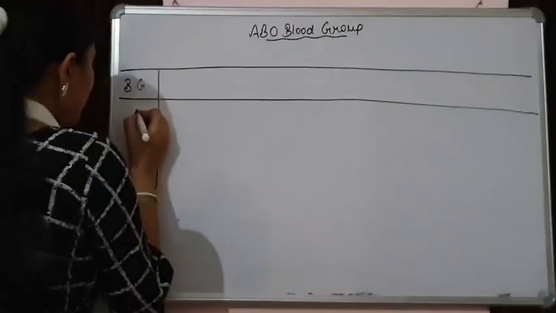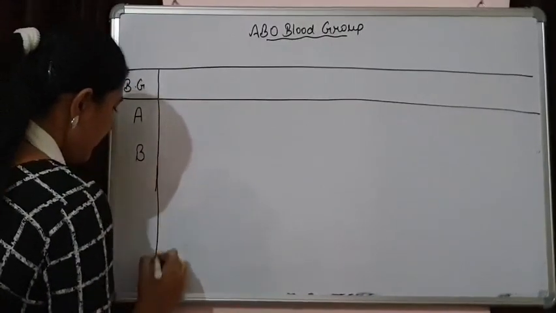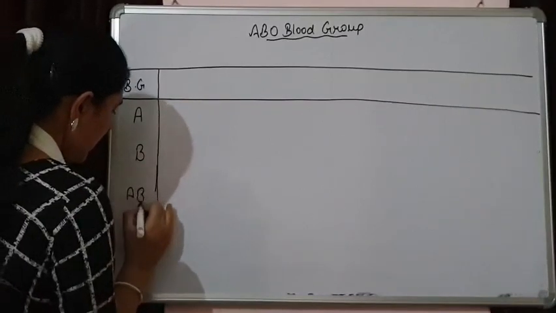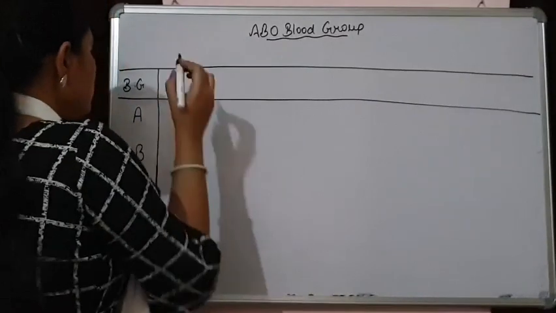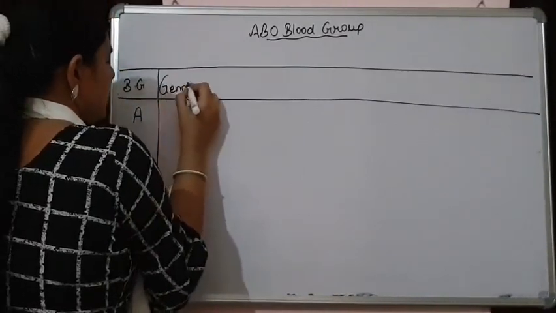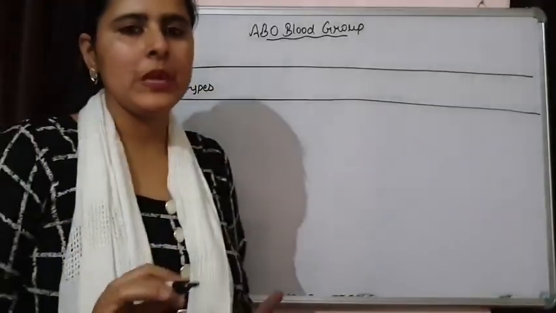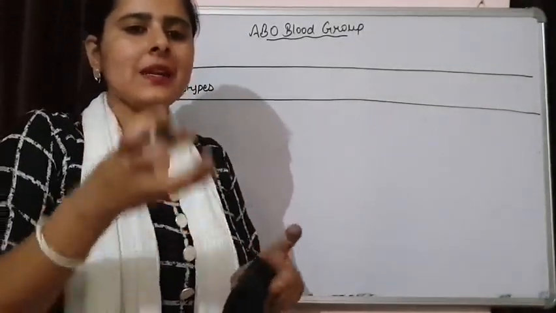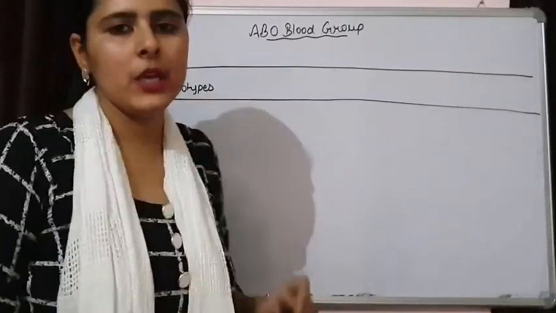We have 4 types of blood groups: A, B, AB and O. Now, let's talk about the genotypes, the possible genotypes for these blood groups. Genotype means the type of alleles that can be present in these individuals.